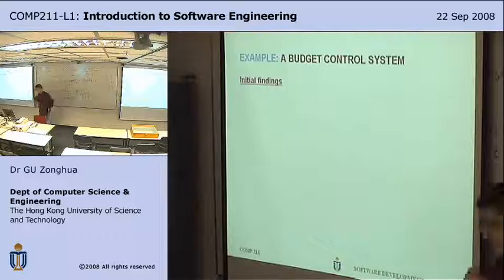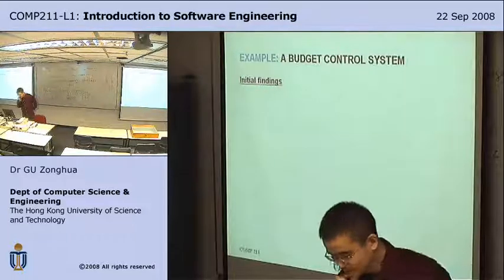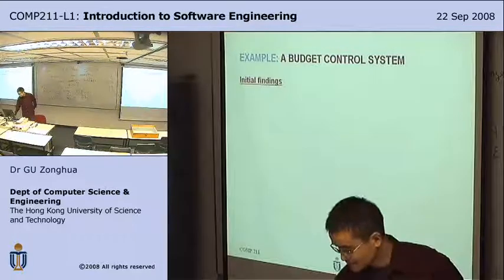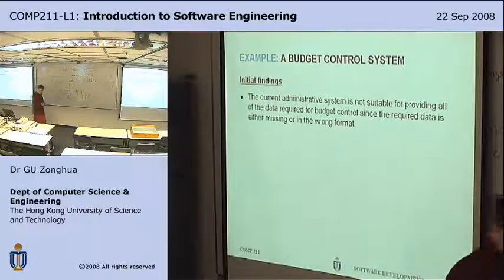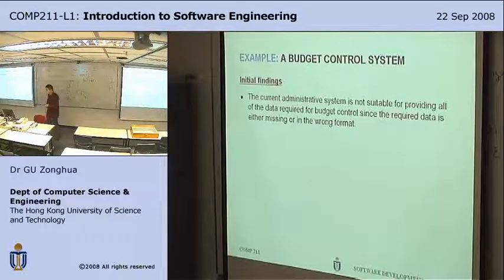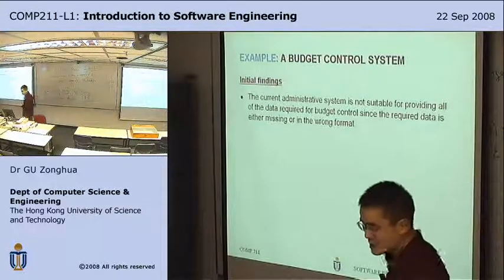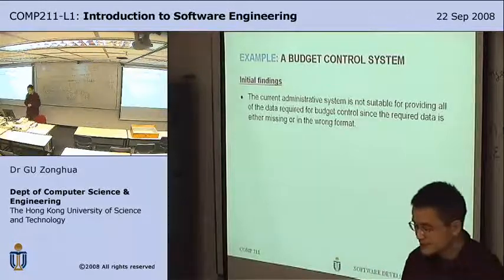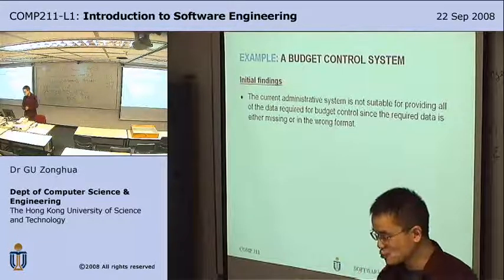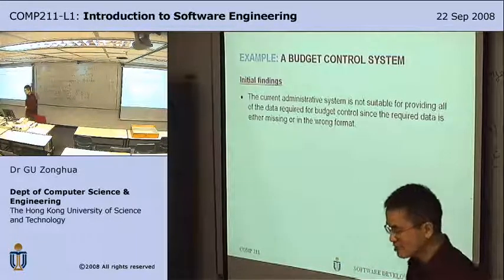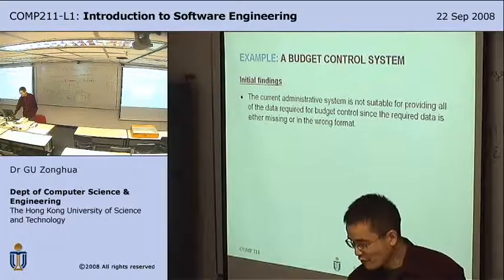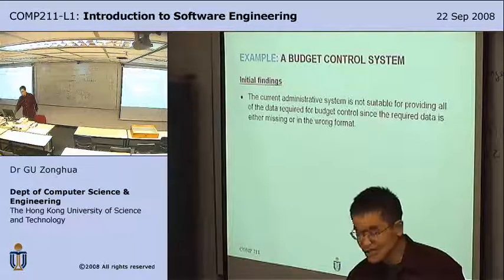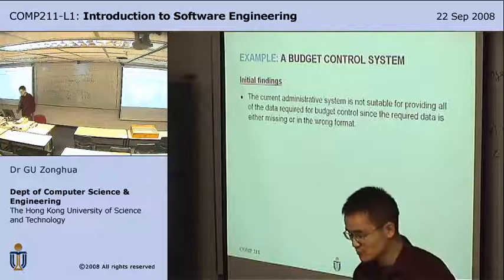Now, what really happened in real life? Initially, first you do some initial assessment of the project. The current administrative system is not suitable for providing all the data required for budget control, since the required data is either missing or in the wrong format. So you have a legacy system, and now you're building a new system to replace it.